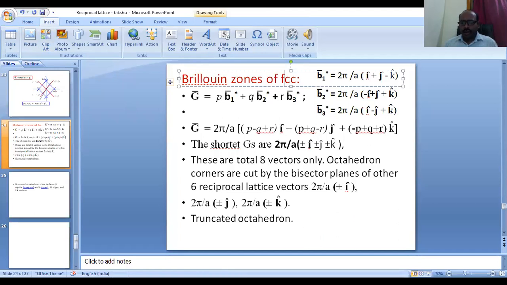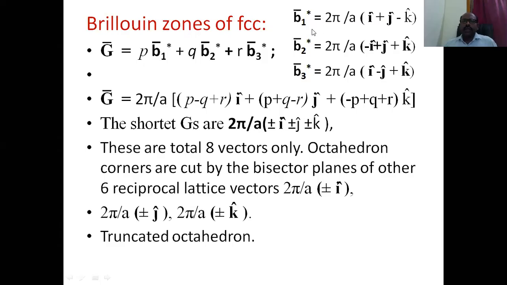So these are the basis vectors in the reciprocal lattice of a direct FCC lattice. These are the basis vectors we obtain for the direct FCC lattice, and it is our G equation. By writing all these B values in this equation, we get this equation.